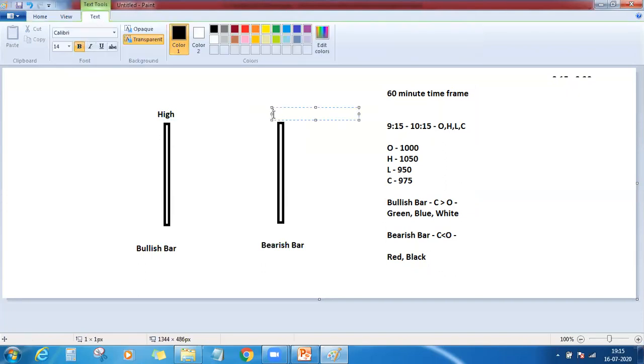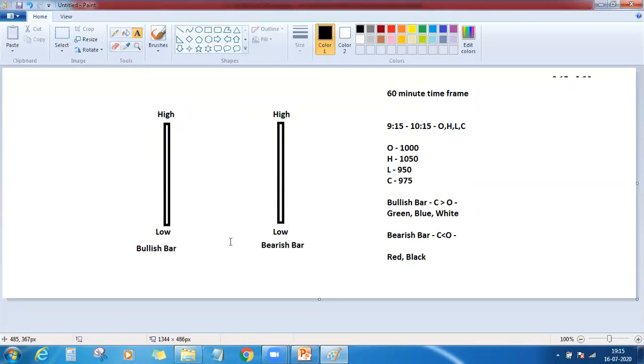Even for this also the same is done. And the low prices are written at the bottom. And the open price will be on the left side, close price will be on the right side. So left side open price and right side close price.